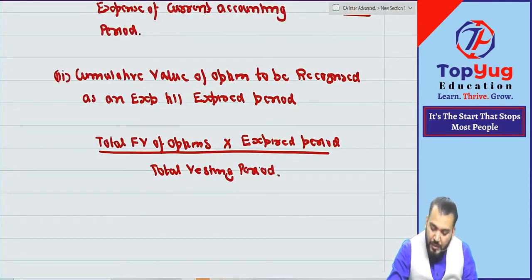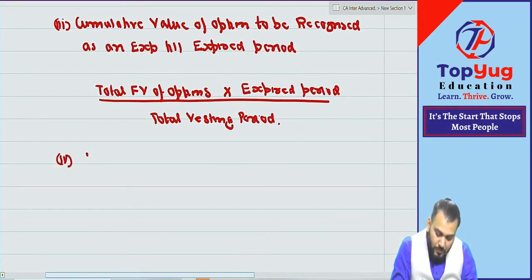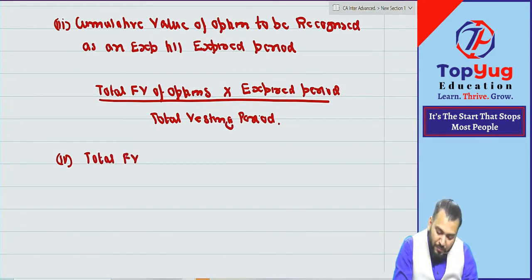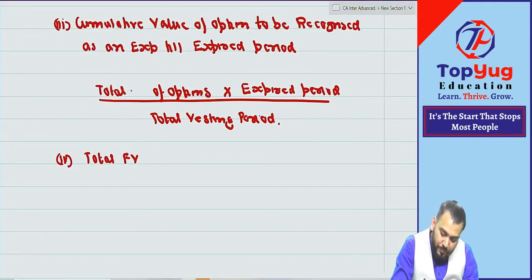Total vesting period. Now how to calculate total fair value of option? Sorry, don't write down FB, my mistake. Write down total value of option.